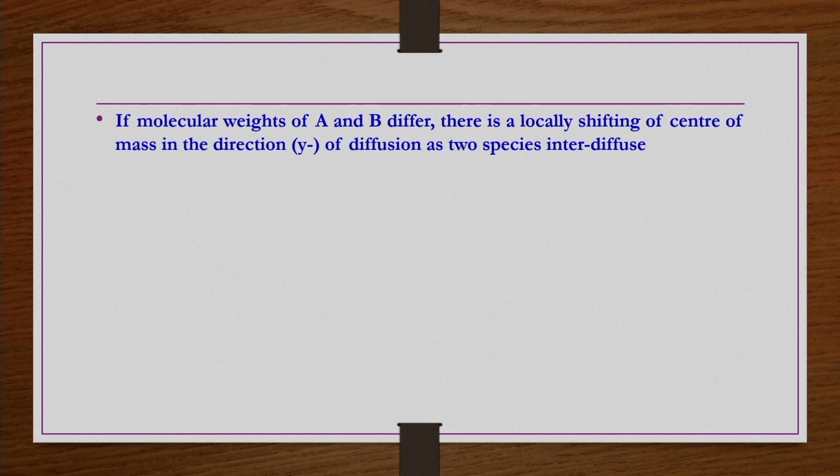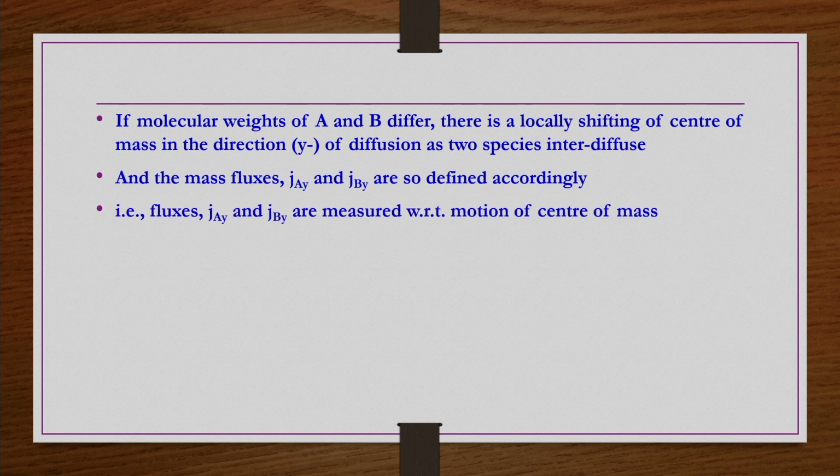Here in the y direction, the center of mass of the species moves in the y direction, and because of that a flux will be developed, and accordingly those fluxes j_Ay and j_By are defined, that is, j_Ay and j_By are measured with respect to the motion of the center of mass. What is the motion of the center of mass in this case? That is mathematically represented by the difference between the velocities, the diffusion velocities. Okay.